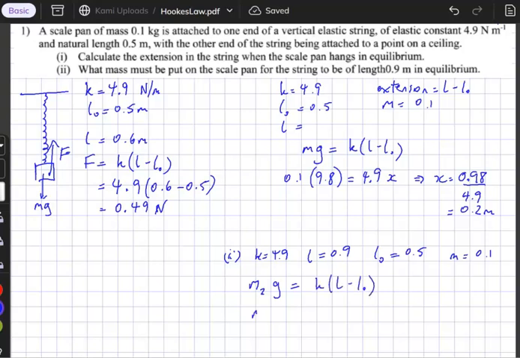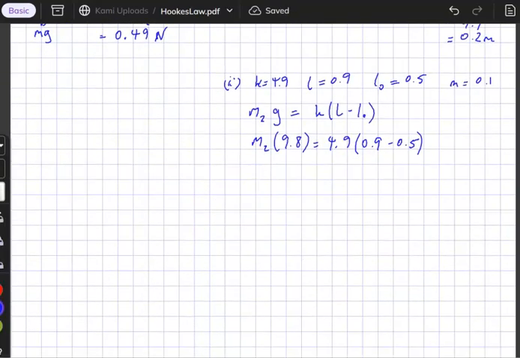So my new mass multiplied by 9.8 is going to equal 4.9 multiplied by the difference between its new length and its original length. Tidying that up, we get 9.8 lots of the new mass being equal to 4.9 times 0.4, which gives you 1.96.